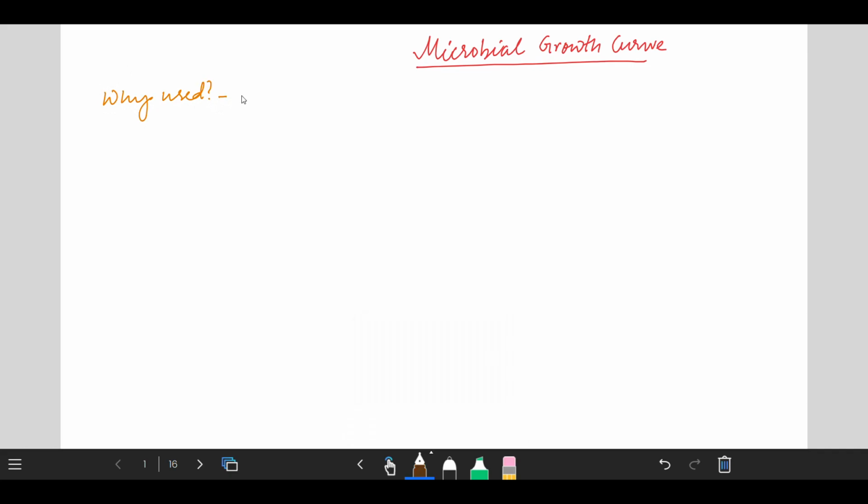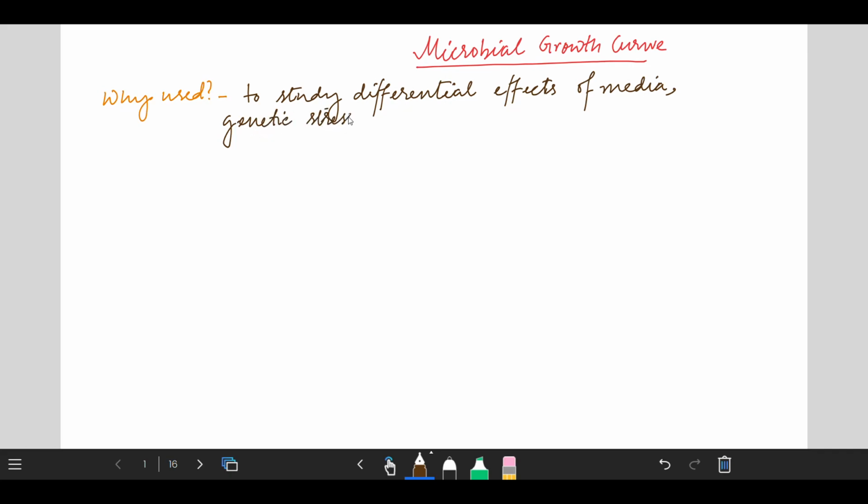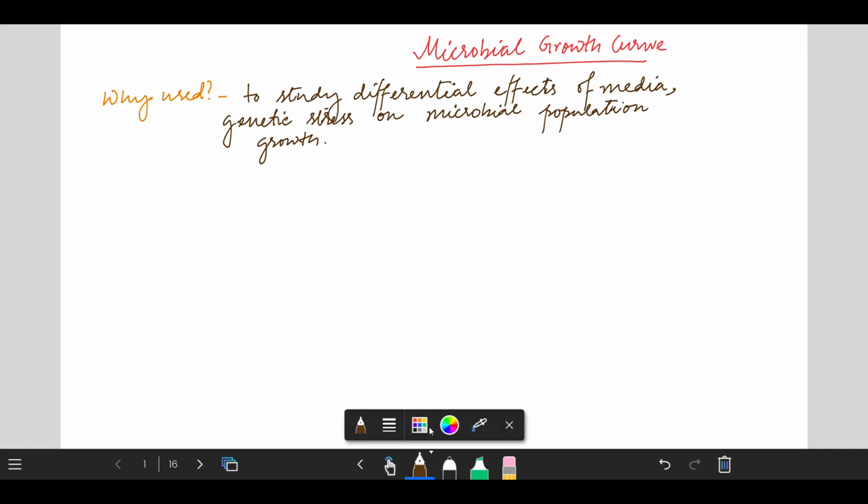It is mainly used to study differential effects of media, like culture media, okay, genetic stress on microbial population growth, etc.